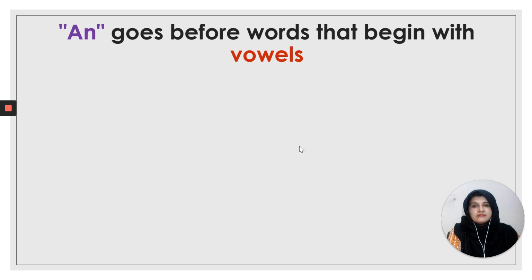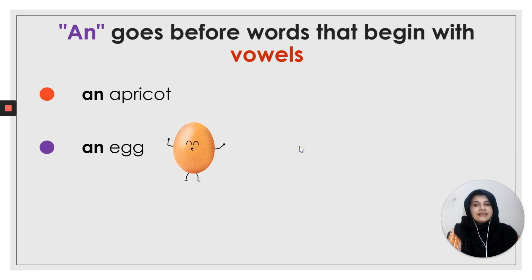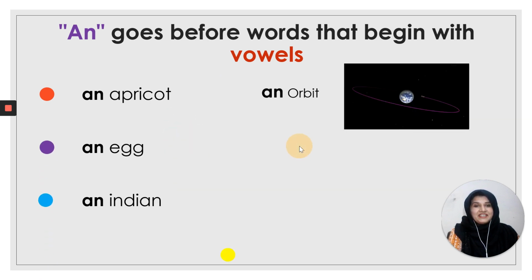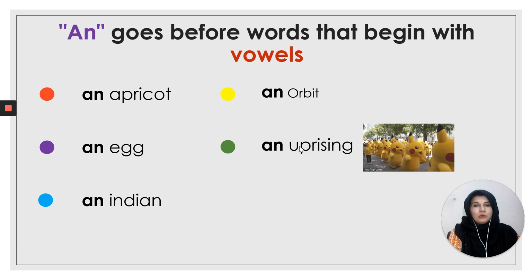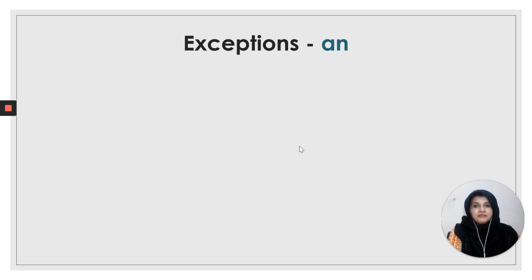Fine. An goes before words that begin with vowels. For example, an apricot, an egg, an Indian, and many more examples. Whenever the words start with vowel sounds, we will make use of an as an article.